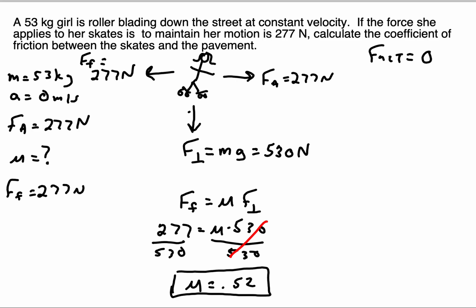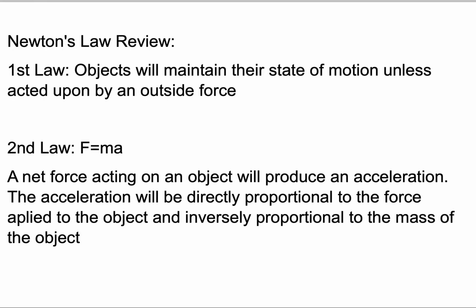Now, on the multiple choice part, just as a review, there's probably going to be some Newton's first law questions. Remember that Newton's first law says objects maintain their state of motion unless acted upon by an outside force. So they keep moving at the same speed in a straight line, unless they're stopped, and then they stay stopped.